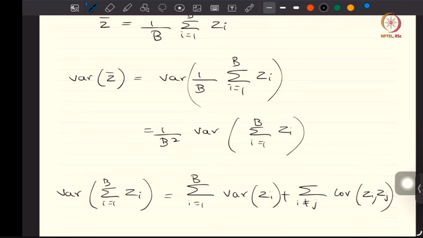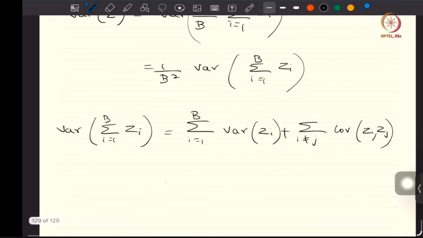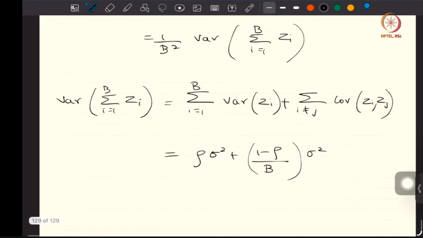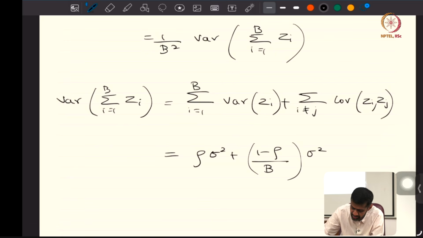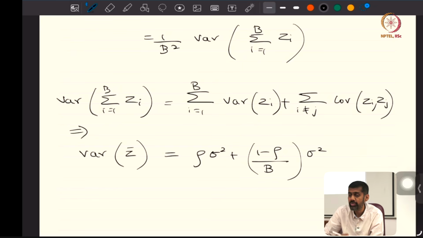So, finally, this will be rho sigma squared plus (1 minus rho) divided by B times sigma squared. Please complete the algebra. We have everything that we need. Okay, now this is what is important. Because there is that 1 by B term there, the variance of the aggregate is given by this particular formula.